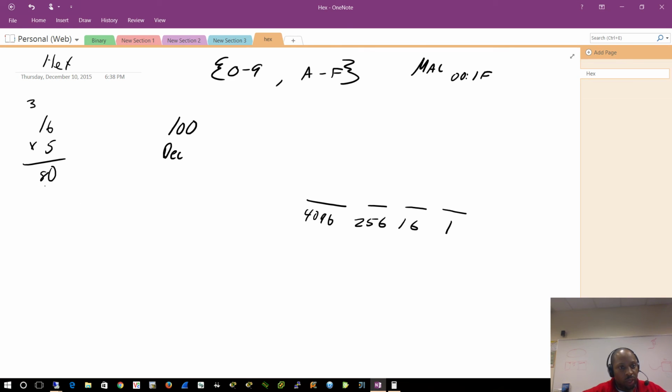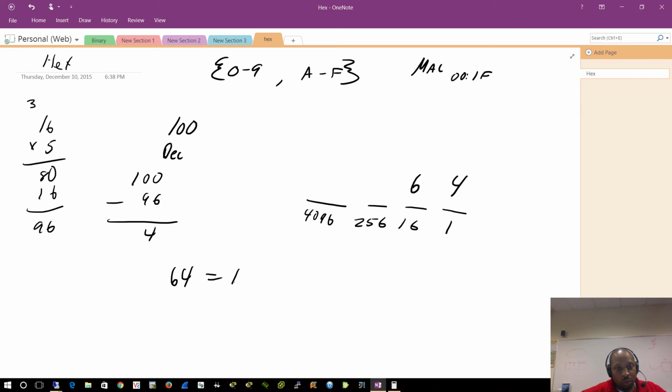Alright, and if we add another 16 to that, we'll be at 96. That gets us close. So we have 6 16s. And if you subtract that from 100, that leaves us with 4. Well, then we just need 4 ones. So the way you write 100 in hex is 64.